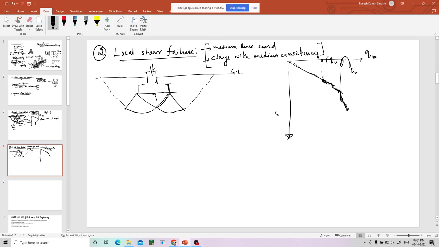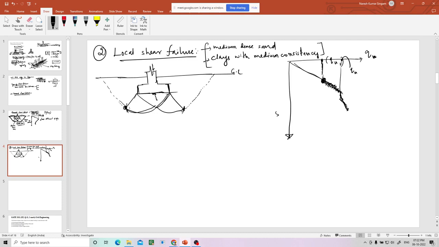Because this is medium dense sand and clays, these are the failure surfaces. Whenever this failure surface is within the footing area up to here, it will go up to QU1. Whenever it crosses this particular point, with sudden jerks, settlement will increase.